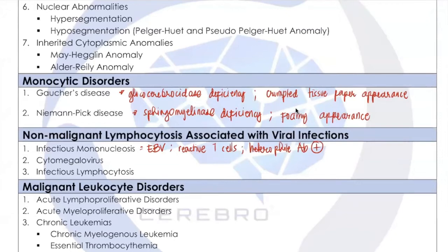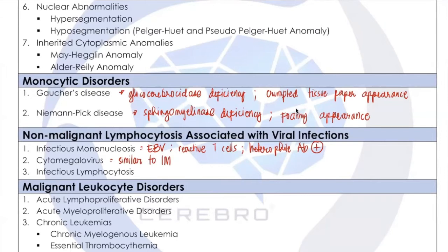Next, we have cytomegalovirus. This infection will also cause an infectious mononucleosis-like condition. So this is similar to infectious mononucleosis. However, we should always remember that cytomegalovirus infection is the most common transplacentally transmitted infection, so it is commonly transmitted from mother to fetus.